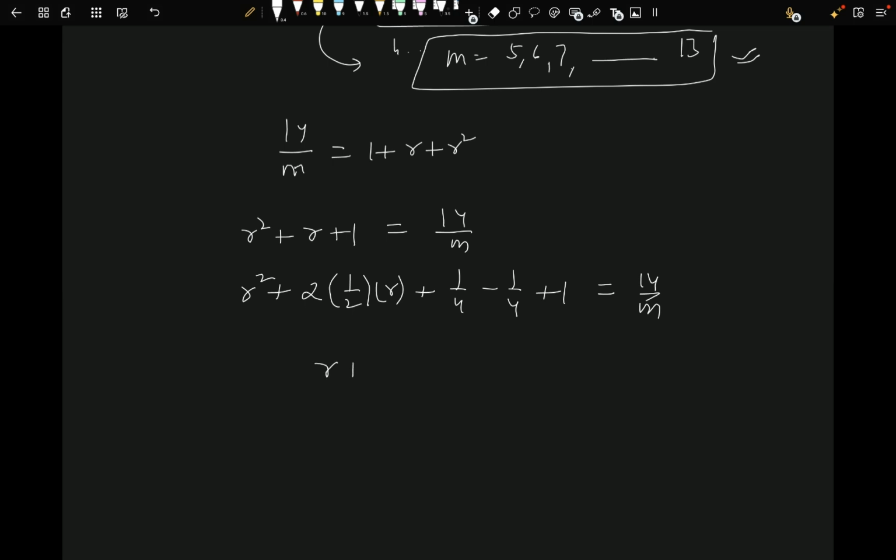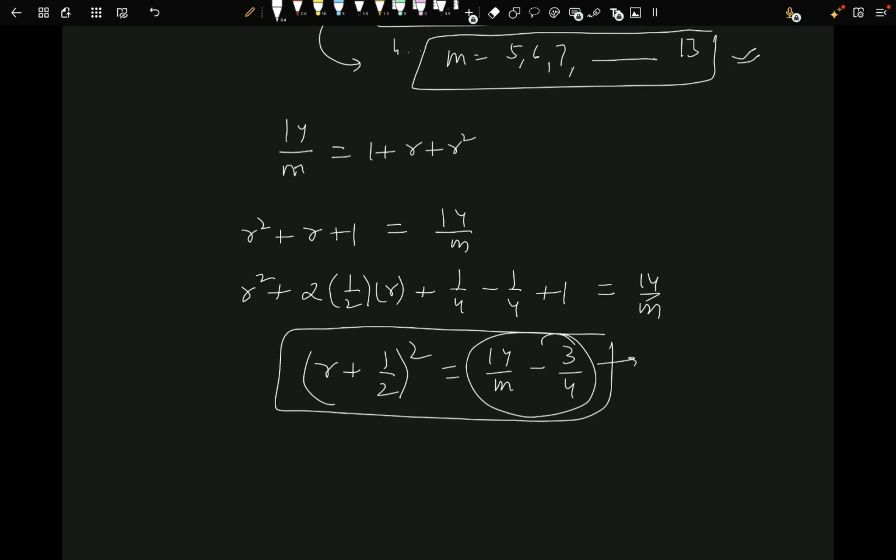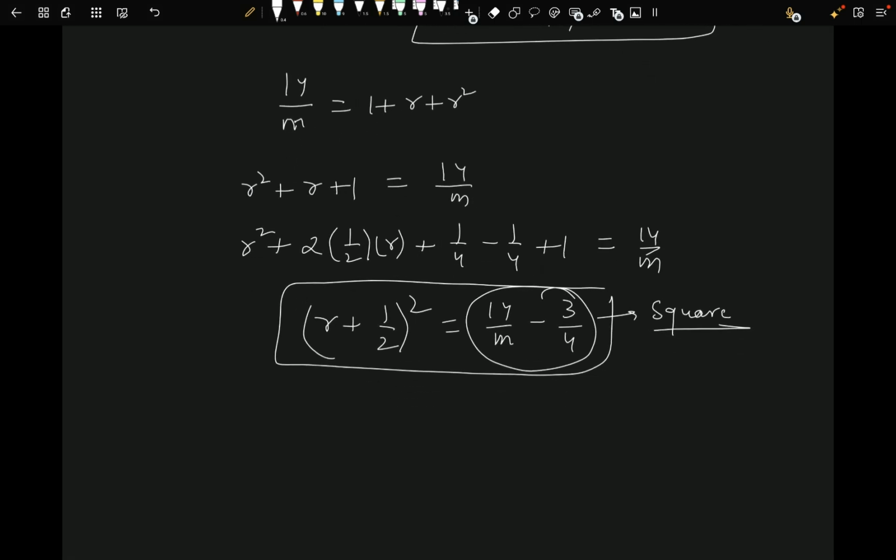Right, so this is r plus 1 by 2 whole square, right? And this is plus 3 by 4, going to the other side minus 3 by 4, right? So this should be a perfect square.